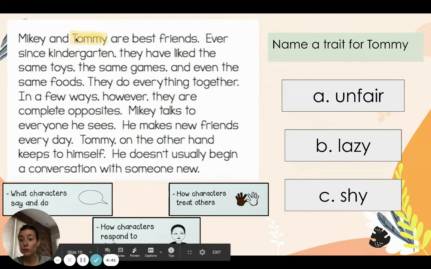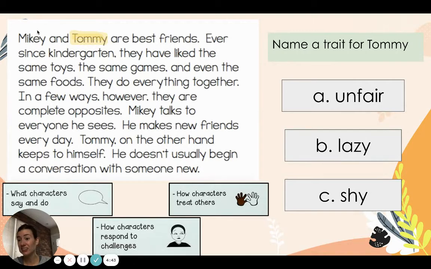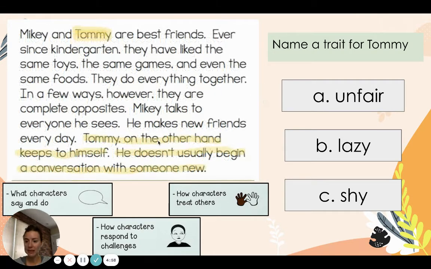Remember, we're only focusing on Tommy. There's another character in this story, Mikey. We're not coming up with a character trait for him, just Tommy. All right, I think this part of the text mostly explains about Mikey and what he says and does. So let's go to the bottom there and look at these last two sentences.